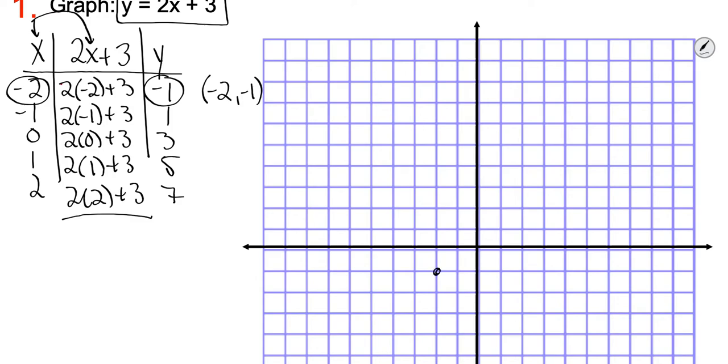So -2, -1 is there, -1, 1 is there, 0, 3 is here, 1, 5, we're here, and then 2, 7, we're here.